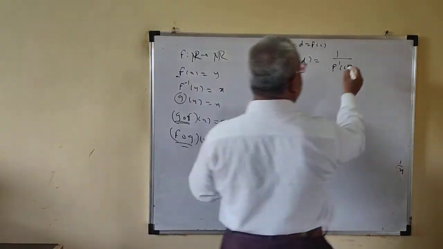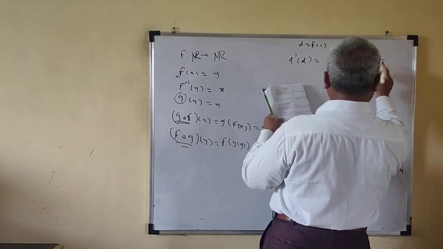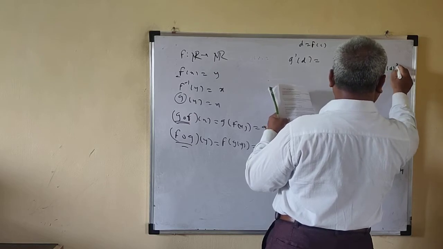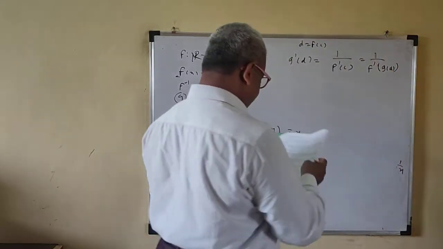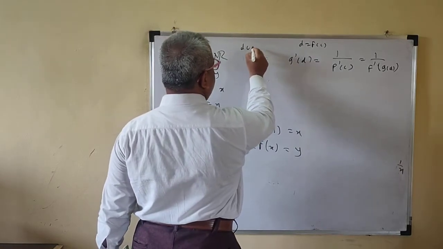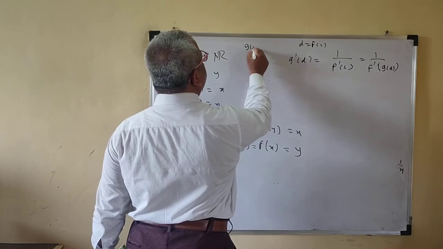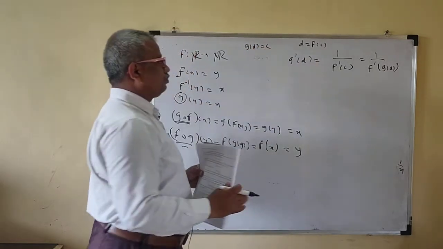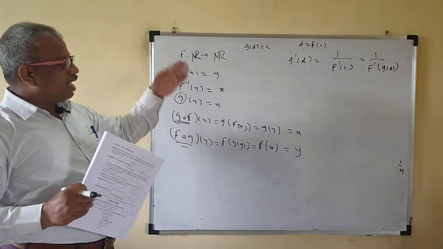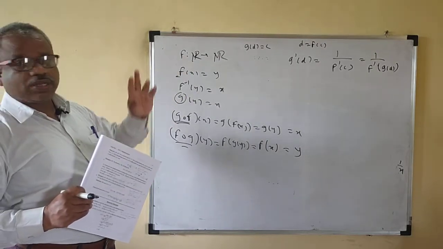And this is same as 1 upon f prime of g of d. So g of d is c now. So d is equal to f of c and g of d is equal to c. Okay. So that means they are invertible functions. So g is what? G is the inverse of f.